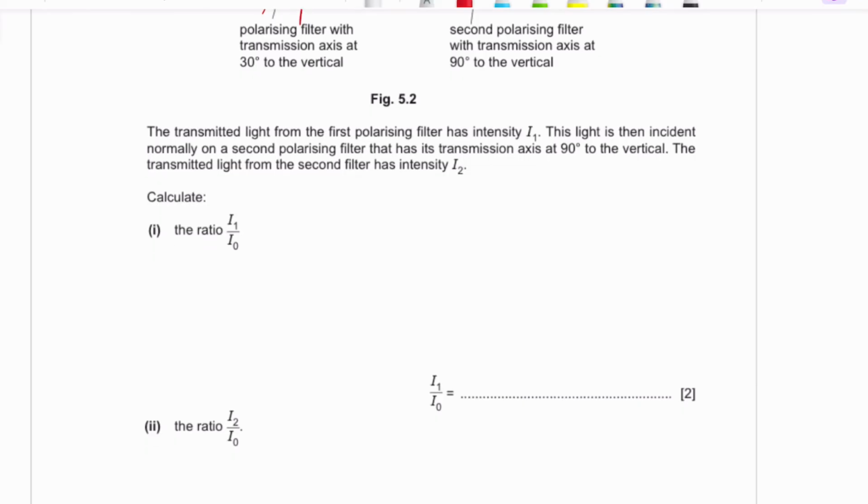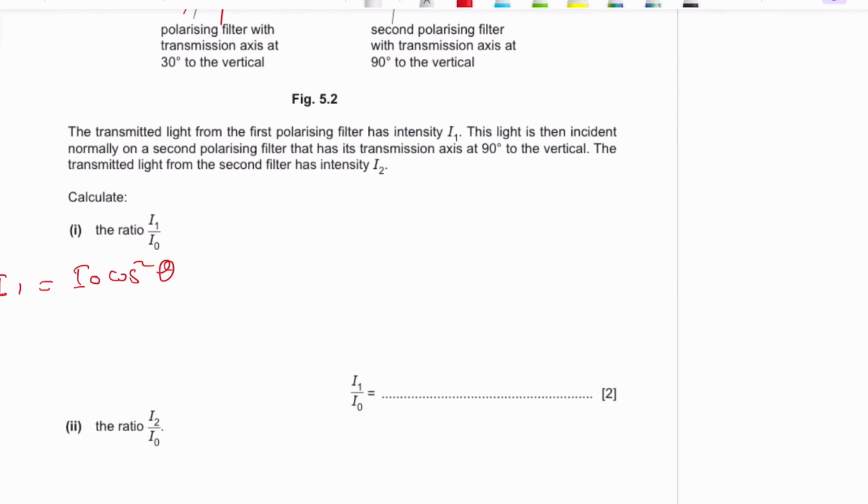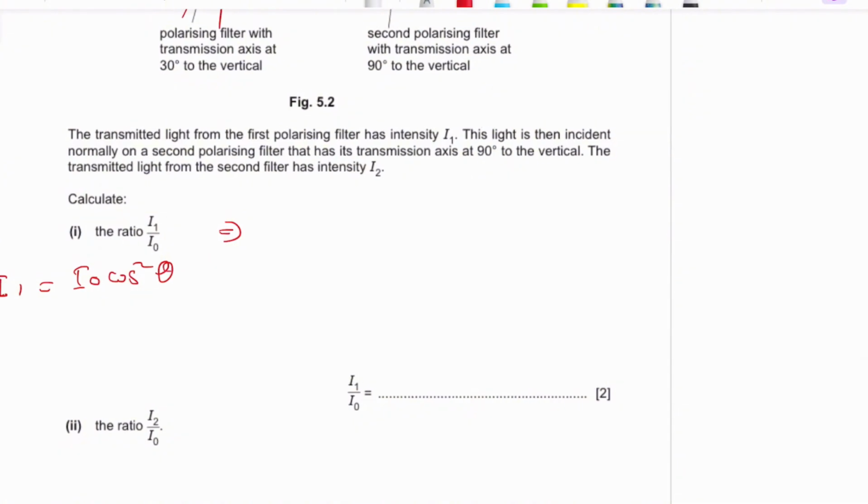So I1 is basically equivalent to I naught cos squared of theta. So if you want to find the ratio of I1, we'll say I1 is equivalent to I naught cos squared of 30 degrees, right? How do you punch cos squared of 30?